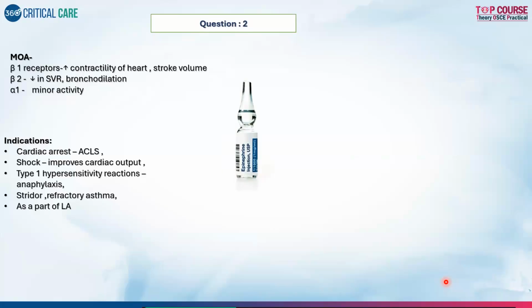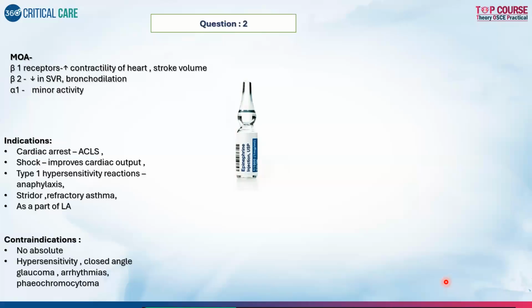Type 1 hypersensitivity reaction, anaphylaxis, stridor, refractory asthma, as a part of local anesthetic. There is no absolute contraindication. However, there might be relative contraindications in case of closed angle glaucoma, arrhythmias, pheochromocytoma.